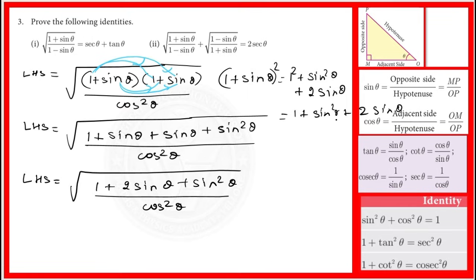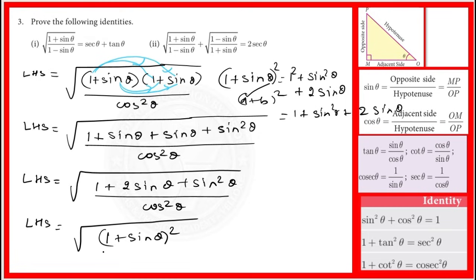Where 1 plus sin squared theta plus 2 sin theta is there, we are going to substitute (1 plus sin theta) the whole squared, because this is the (a plus b) whole squared formula. So now LHS equal to root of (1 plus sin theta) the whole squared divided by cos squared theta.